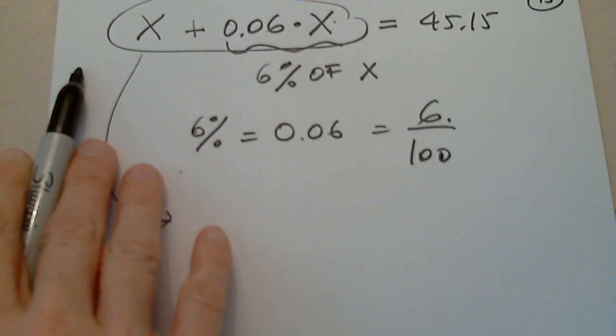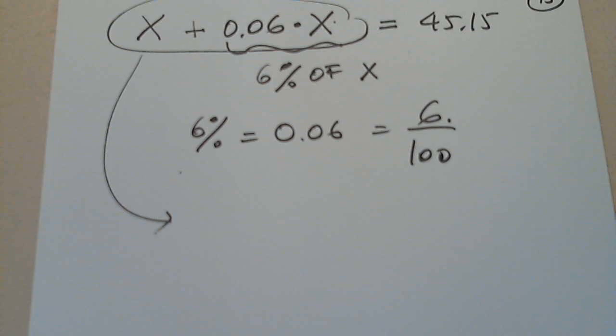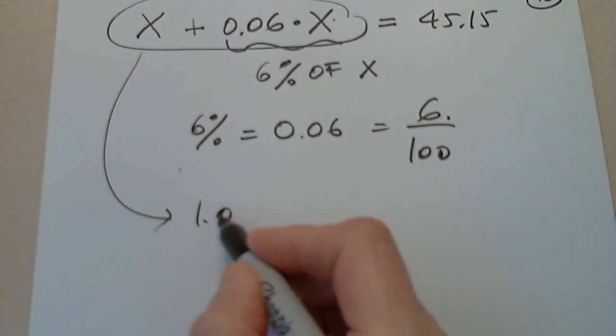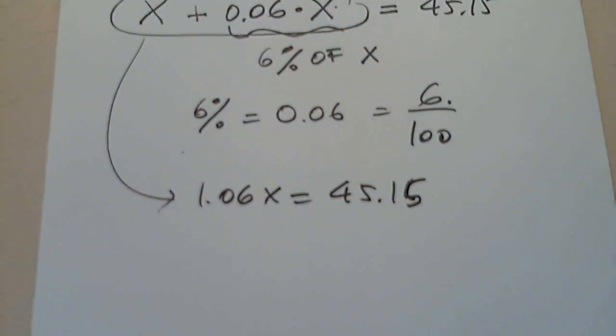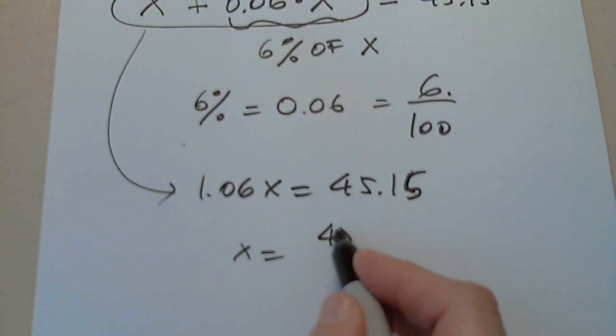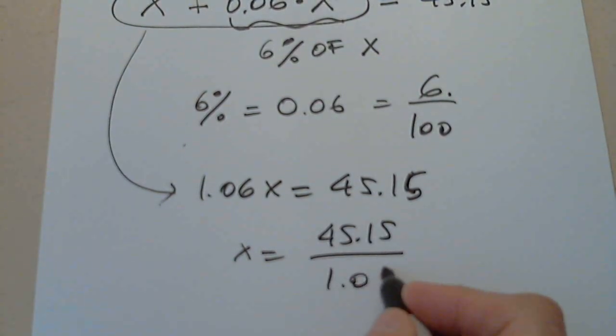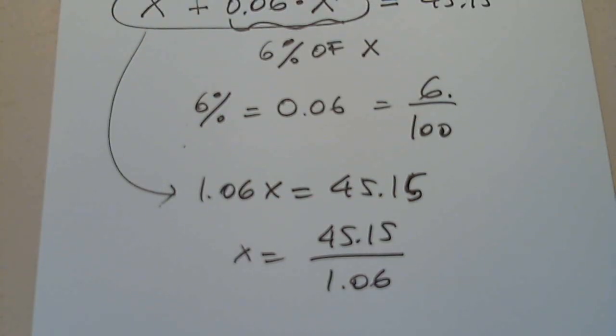How much is 1 plus 0.06? 1.06. Of course, 1.06x equals 45.15. All I have to do is divide 45.15 by 1.06. That's all we need to do.